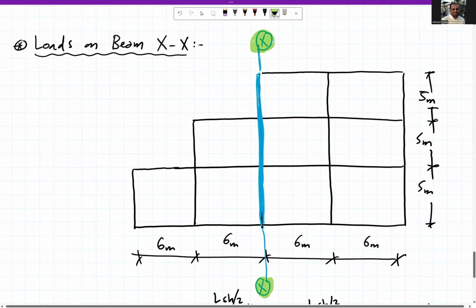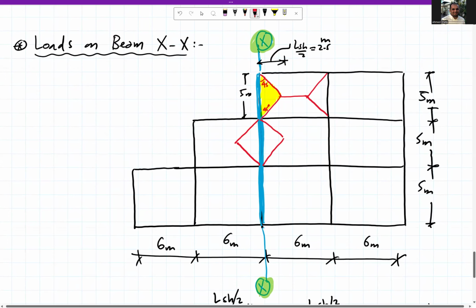It will carry part from the slab like that, 45 and 45 degree. The height of this triangle is L short over 2, which is equal to 2.5 meter, because this slab is 5 meter. And similarly from all the other slabs, because this beam is on the short side.